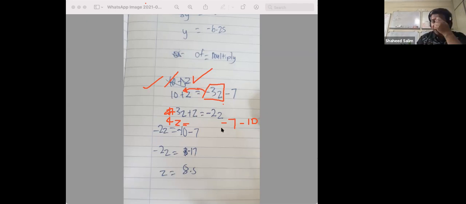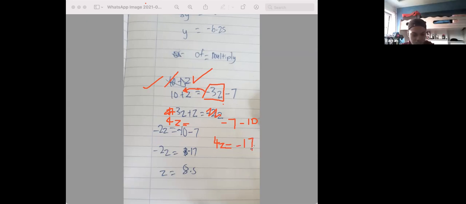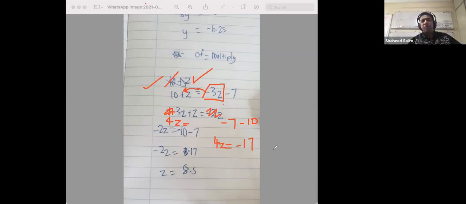So negative 7 minus 10. So is it negative 17? Yes, like this. 4z equals to negative 17. Well done. And now you find what is z.